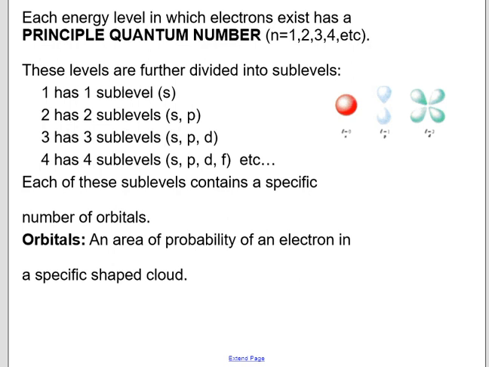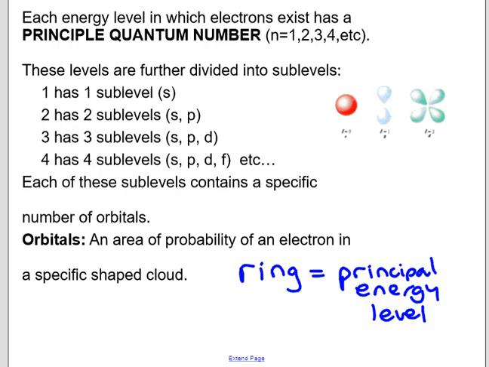Well, now we're going to call those principal energy levels. So our ring is now called a principal energy level. Doesn't that sound so much more sciencey? But each principal energy level now has been designated by giving it a number. Because, you know, as chemists, we're lazy. We don't want to write out big, long words, even though we love to say them.